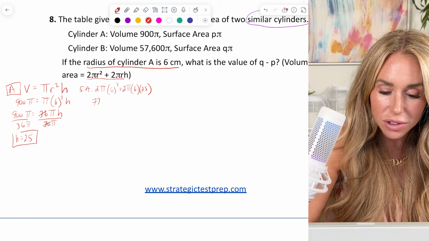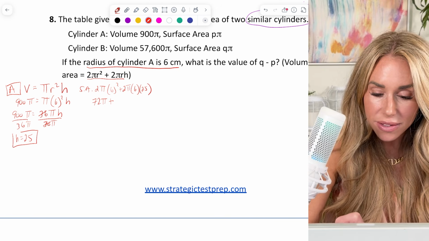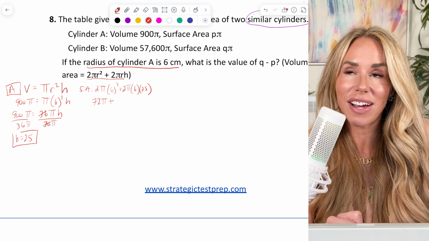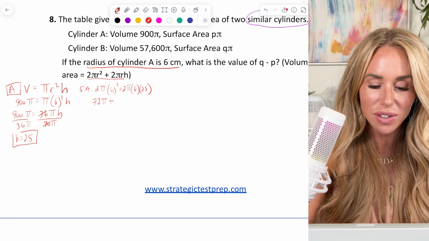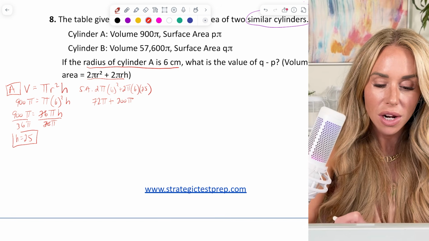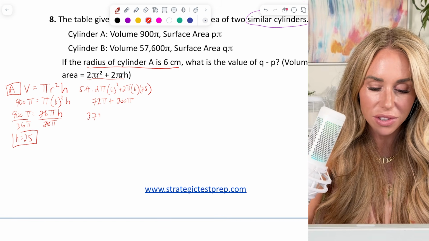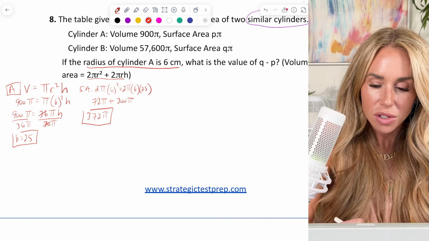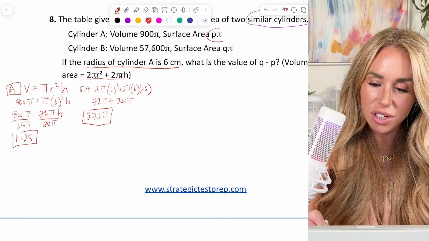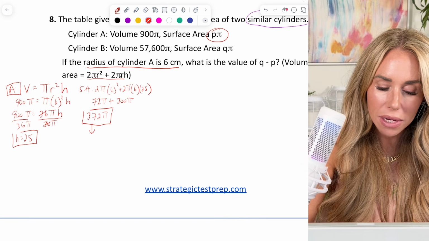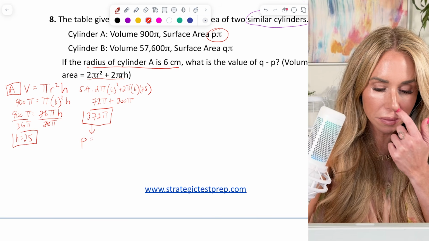So we're going to have 72 pi plus 6 times 25 is 150, times 2, that's 300. So the surface area of A is 372 pi. So what does that mean? Well, if they said the surface area is p pi, P is 372.